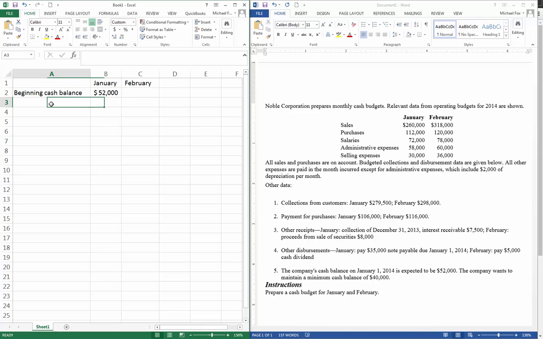So first thing we'll do is add in any cash we expect to come in. So we'll add our cash receipts, which will include collections from customers.